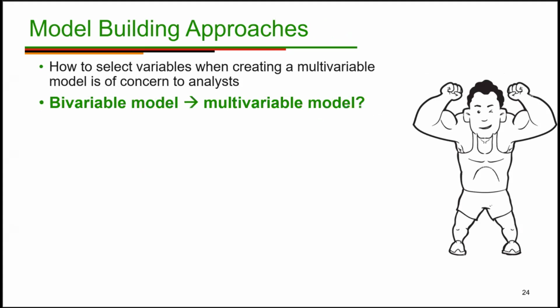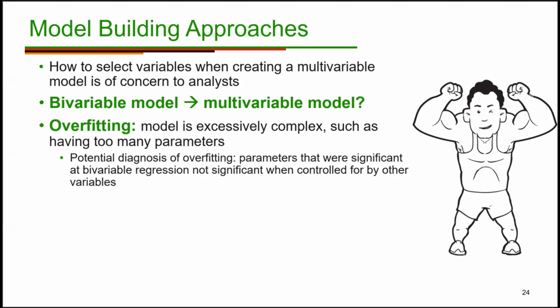How you select which variables to include in your multivariable model is of concern to many analysts, including you and me. This is something that you always have to do. And just to recap, you always have to be mindful that you don't overfit your model. The more parameters you add to your model, the greater the potential for overfitting, and you can't basically control for everything.